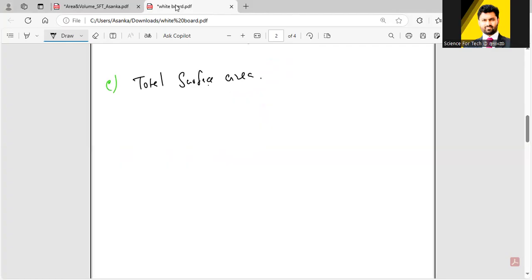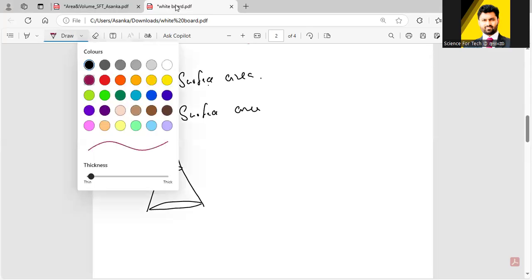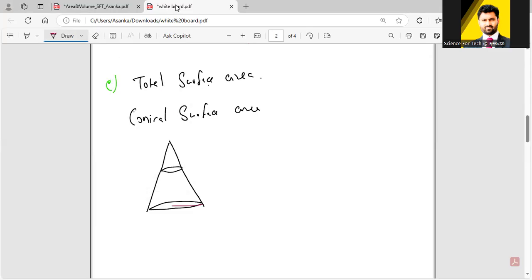But first of all, let's find the conical surface area. We have to find the surface area of this big cone and subtract the small cone. That's the only way we can do it.